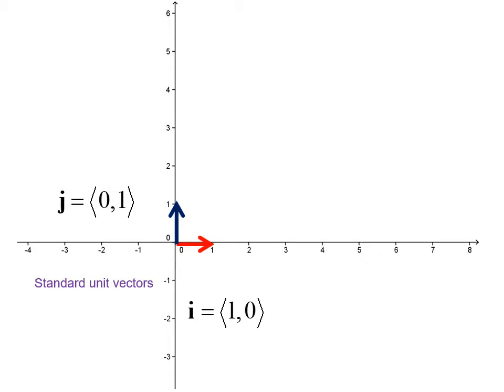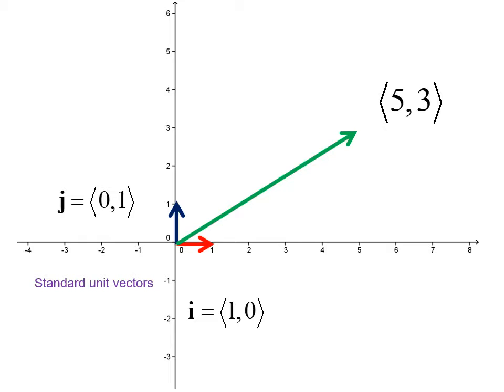Now the vector ⟨1, 0⟩ is referred to by the bold-faced letter i. The vector ⟨0, 1⟩, the one that points up the y-axis, is referred to by the bold letter j. And so we have a way of representing vectors, such as this one, by using a linear combination of the i and the j.